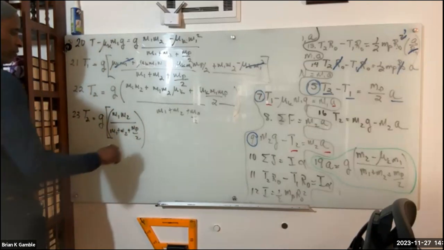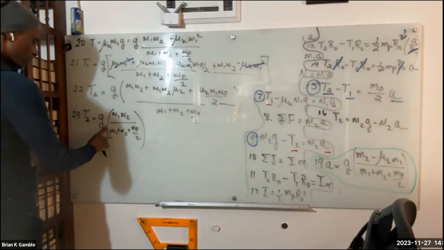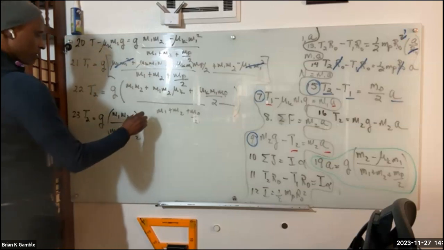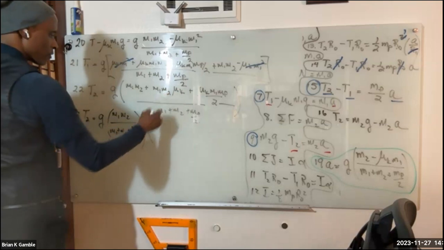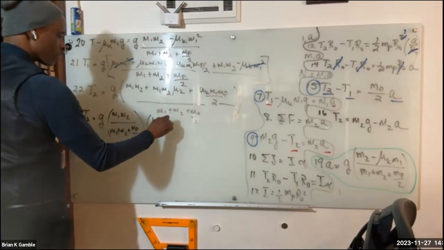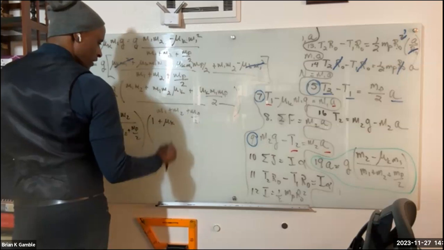I factor that out, and what I'll have left is, there's a 1 here, there's a mu k there.